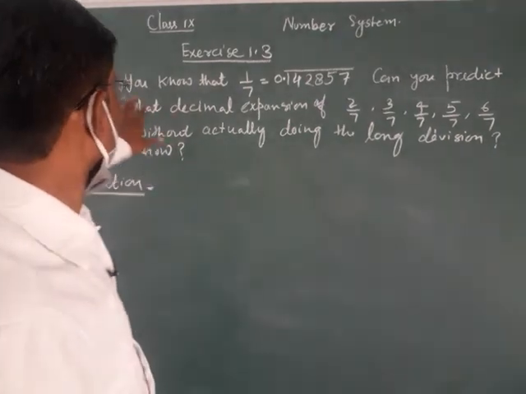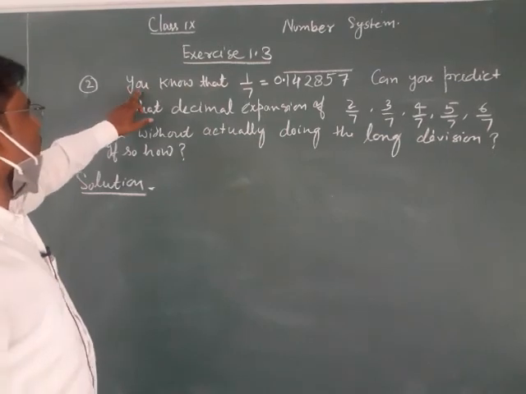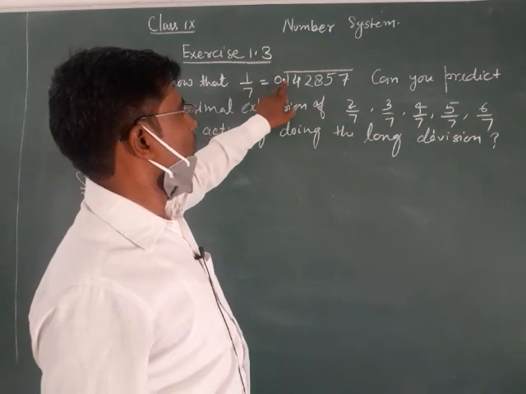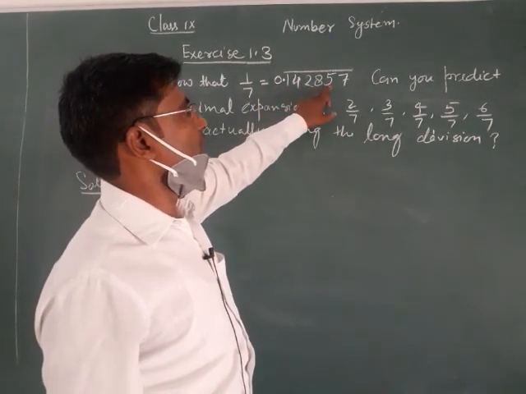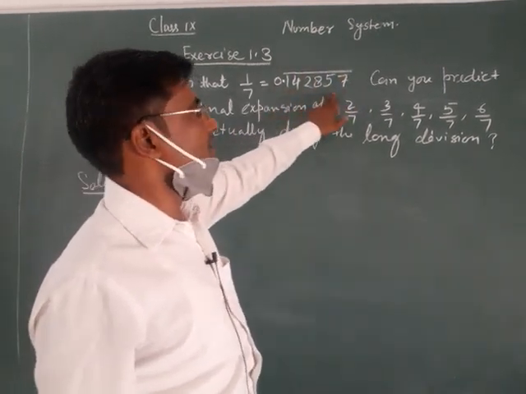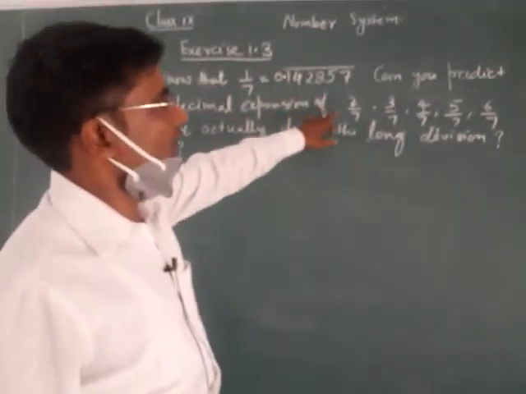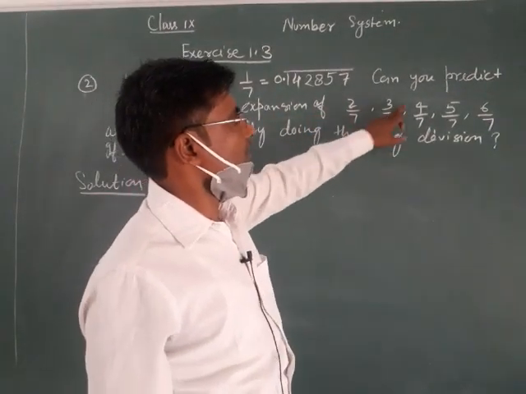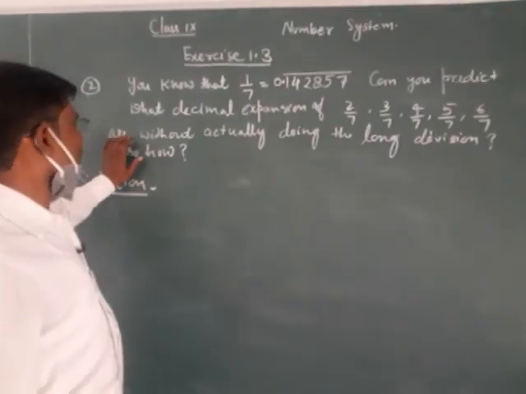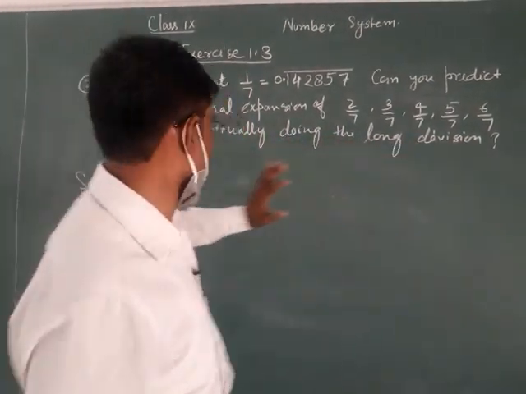Another question, number 2 in exercise 1.3. You know that 1 upon 7 is equal to 0.142857 bar. This is a bar over the digits. Can you predict what the decimal expansions of 2 by 7, 3 by 7, 4 by 7, 5 by 7, 6 by 7 are without actually doing the long division?